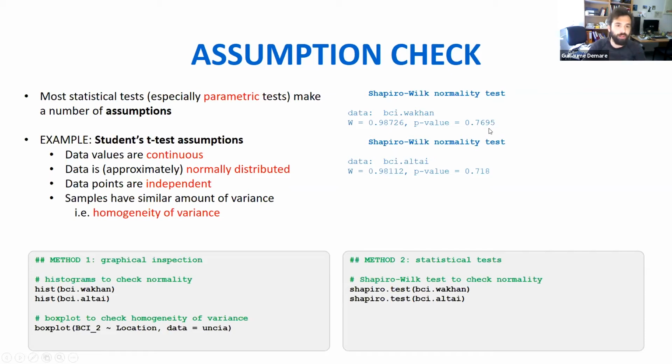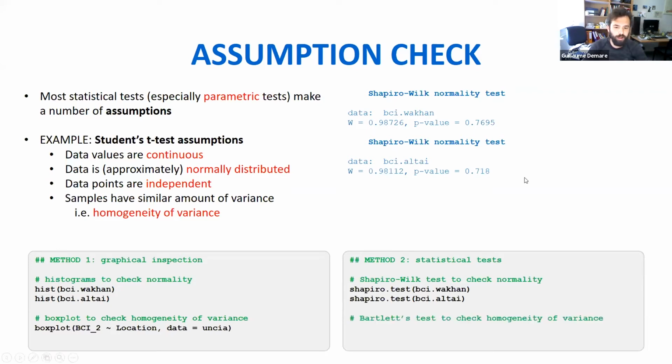If it's more than 0.05, which is the case here for both groups, then we can say with confidence that these data sets are normally distributed. Okay, so that reinforces what we concluded from the histograms.